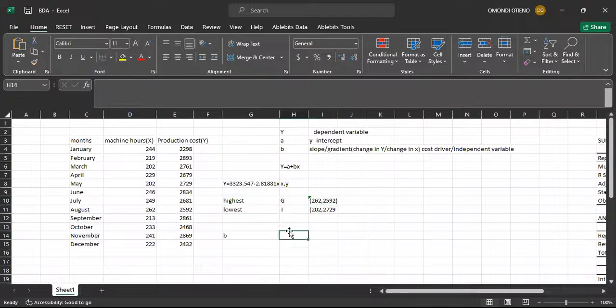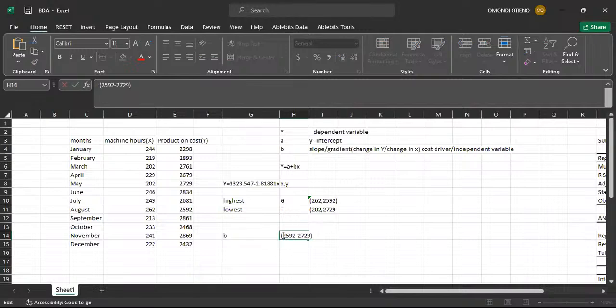So what is the value of Y in the highest pair? Change in Y. In the highest pair, the value of Y is 2592, minus the value of Y in the lowest pair, 2729. You close your bracket.